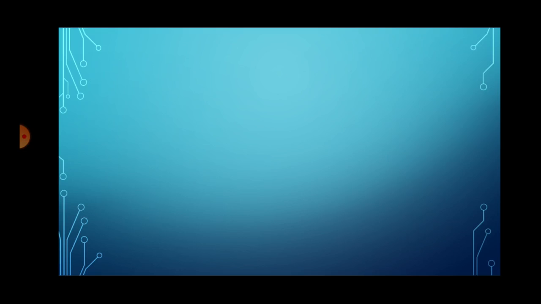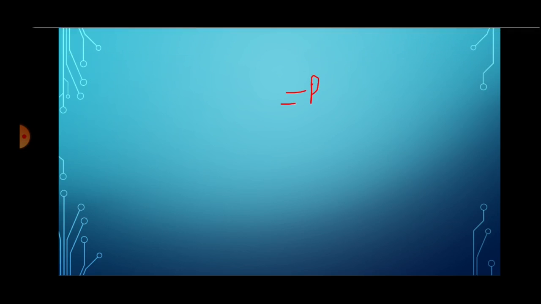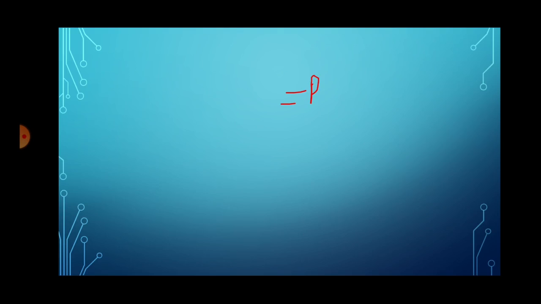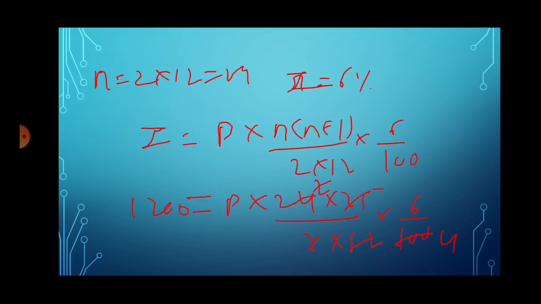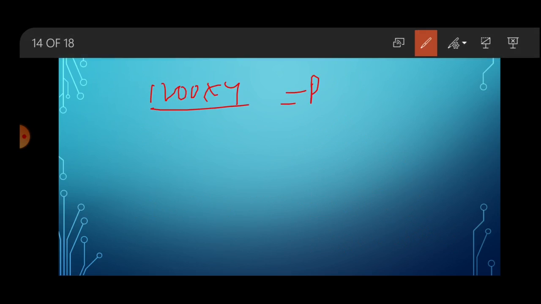So now I will write on the next page. So P is equals to 1200 into 4 divided by 6. So it will become 200.